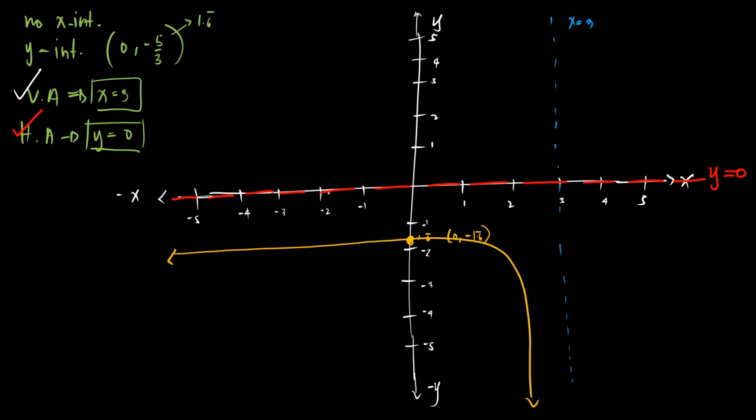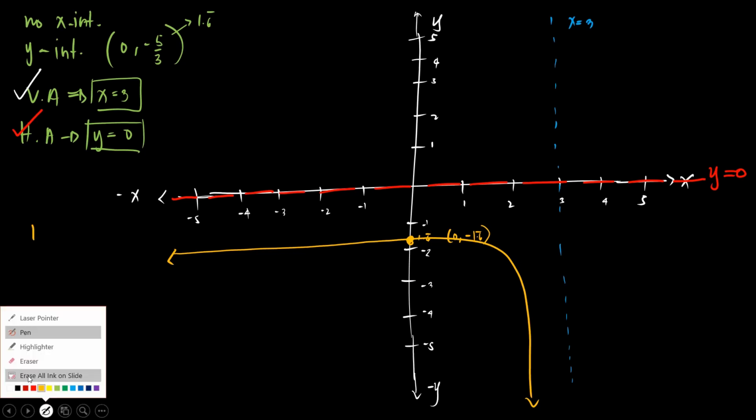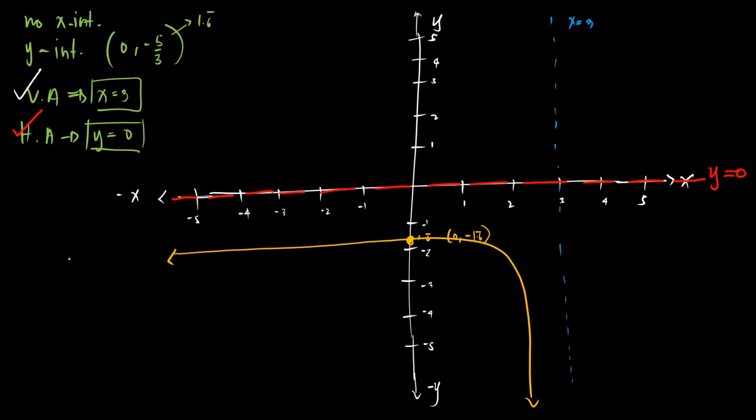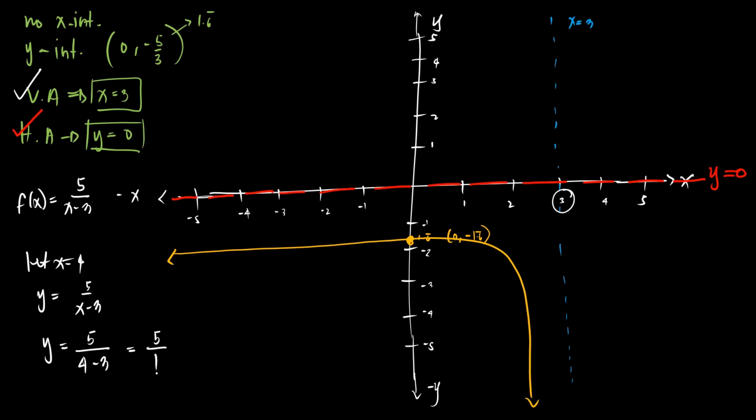Now, the problem left is the x-intercept. We know that our vertical asymptote is 3. So, let x be some value so we can get a value of y. Since your vertical asymptote is 3, let x is equal to 4, because we know it will not cross. Okay? So, let x is equal to 4. Given our function y is equal to 5 all over x minus 3, y is equal to 5 all over 4 minus 3, which is 5 over 1, so 5.